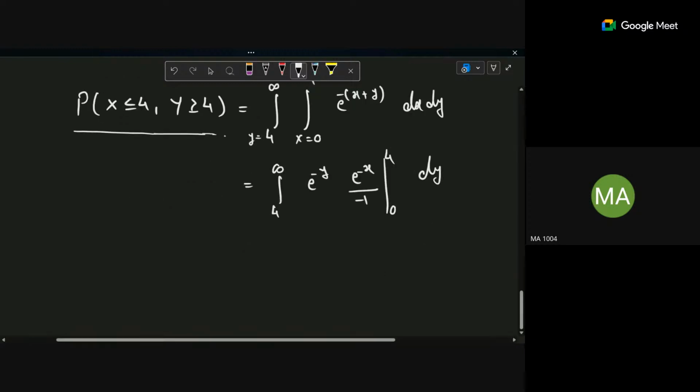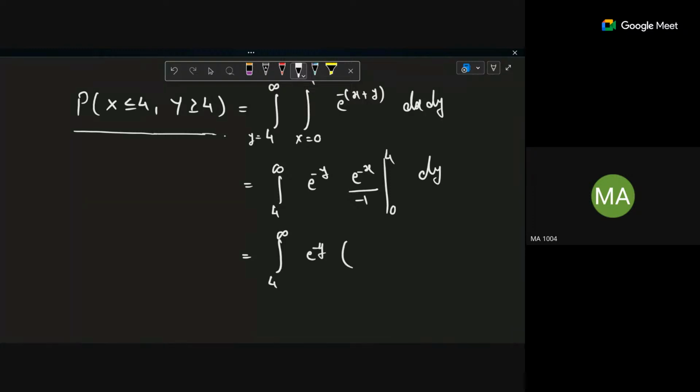Fine. So again e to the power minus y is common, so it's minus e to the power minus 4 plus 1, right?